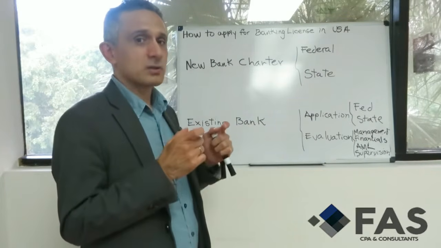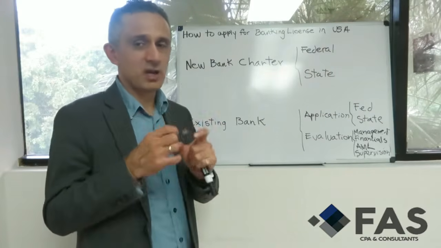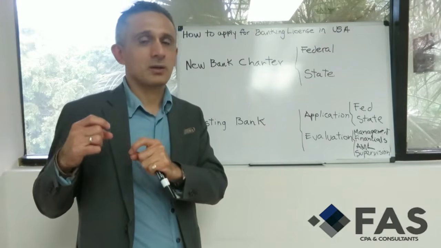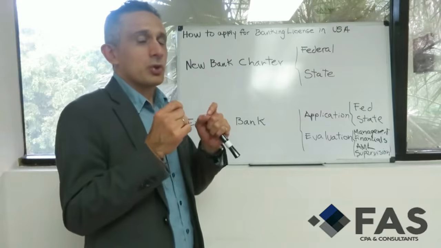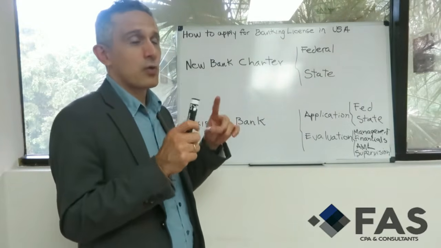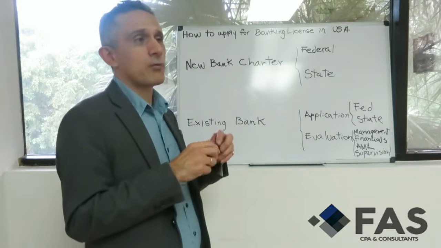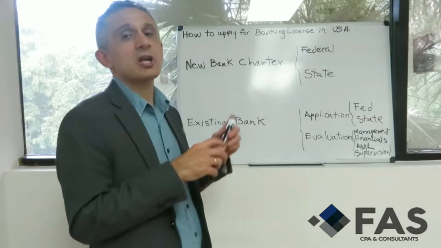So if your headquarters has very strong regulation and a very strong banking legislation, that is going to help the moment that you apply for either a representation office in the US or for a full branch bank in the USA.